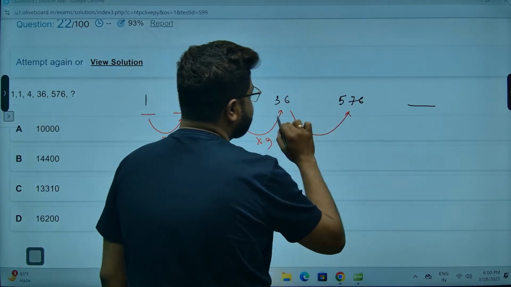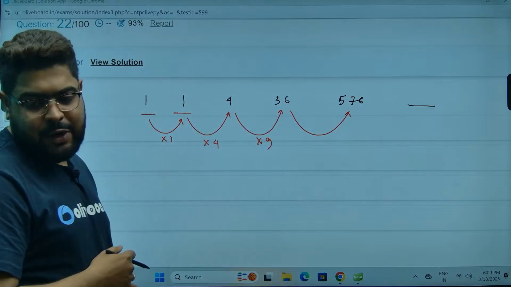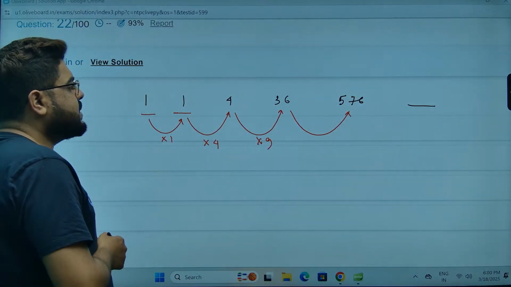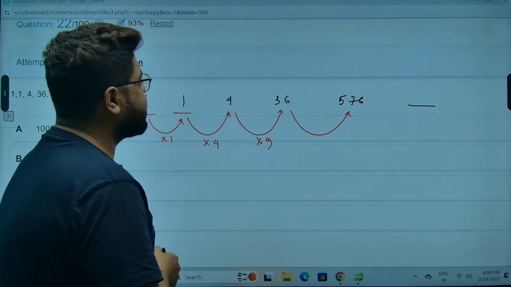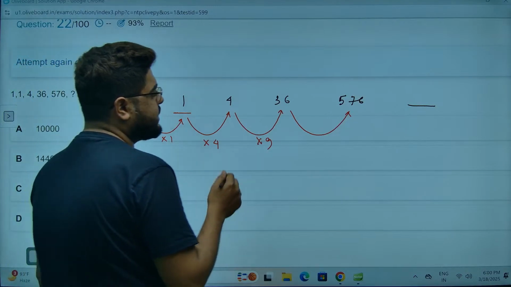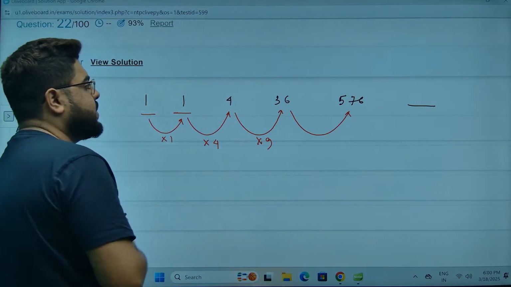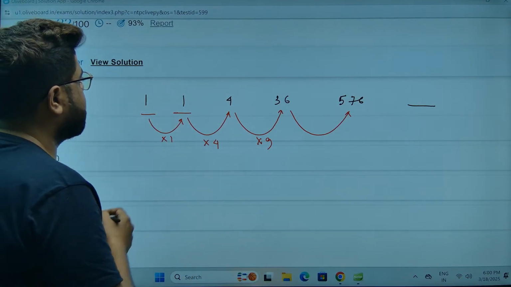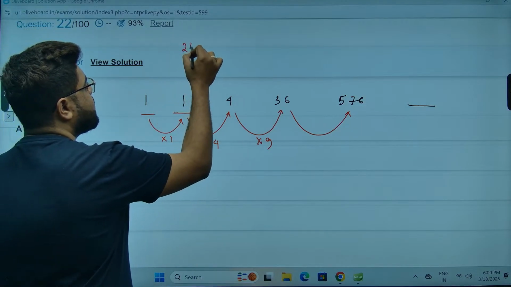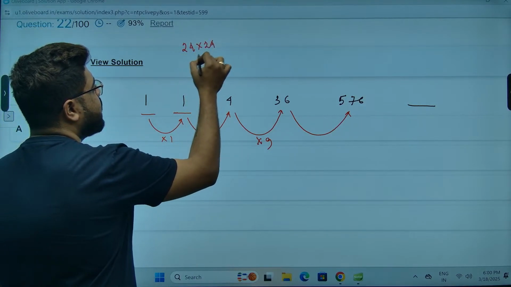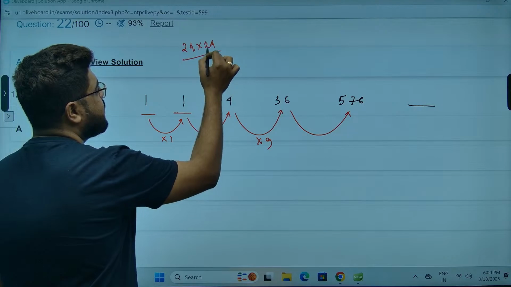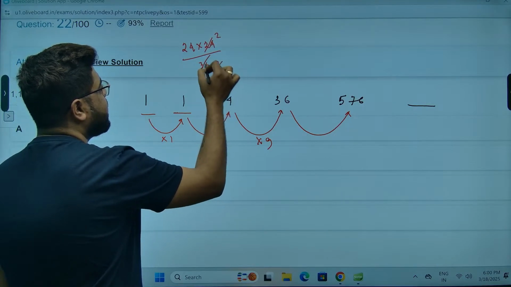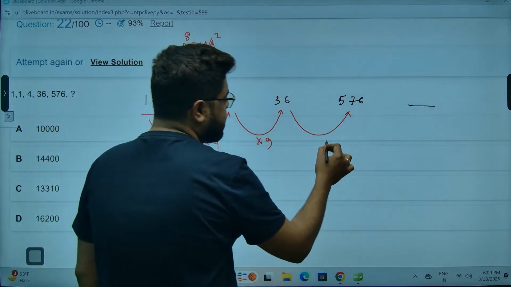So how much is this, sir? And this? So 36 into how much gives 576? This is 24 into 24, divided by 36: 12, 2, 12, 3, 3, 8, 16 times. 16 times, sir.